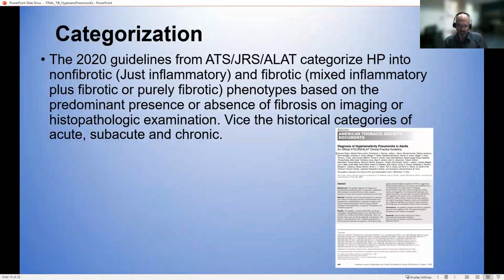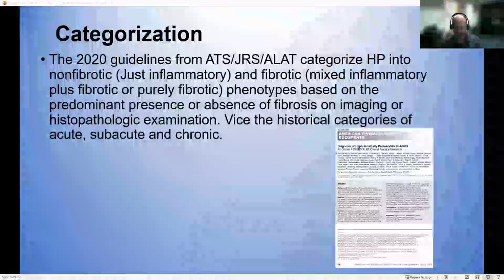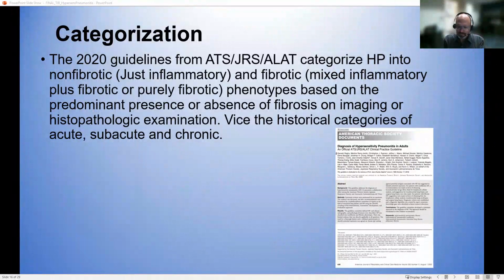So in 2020, the American, Japanese, and Latin American thoracic societies got together and made a guideline for hypersensitivity pneumonitis. They wanted to go away from, again, like I was saying before, the acute, subacute, and chronic, because they didn't feel like it was objective enough.